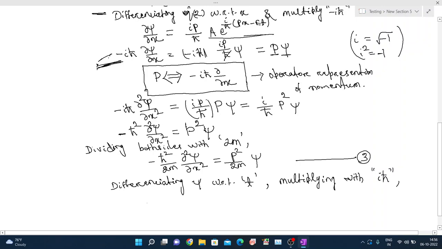So del psi over del t will be minus a into minus i E by h cross into e to the power i over h cross px minus Et. We differentiated with respect to t.